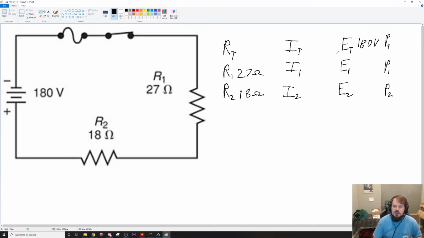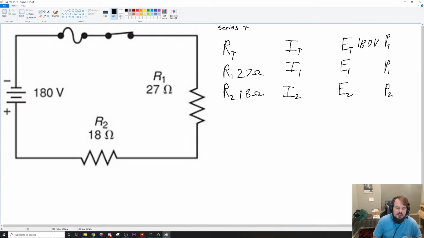Alright, so in this circuit, you're going to look for 2 things on any of the rows. You don't have 2 things on any of the rows, so let's move on to our total. We can combine things based on the columns. This column has everything but the total, so we can just add these 2 together because resistance in series adds together.